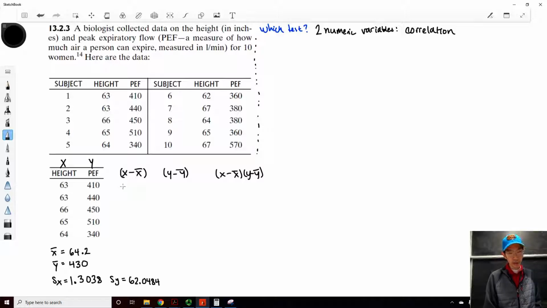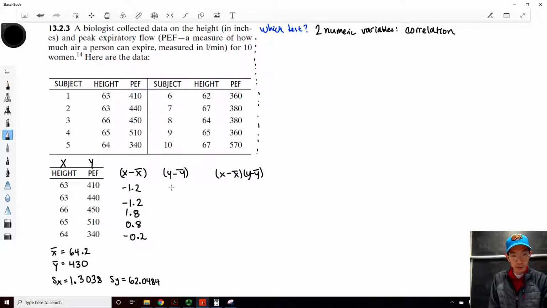So we're going to get 63 minus 64.2 is negative 1.2. Negative 1.2. I have to get these to line up. 1.8. 65 minus 64.2 is 0.8, and 64 minus this is negative 0.2. Okay.